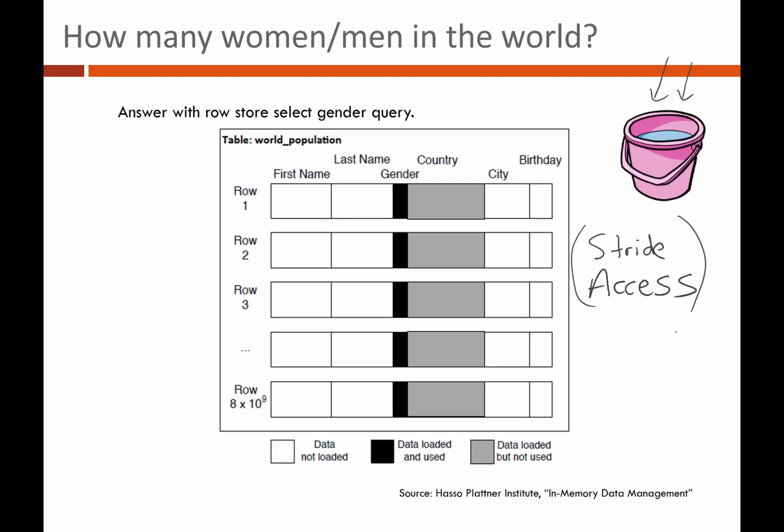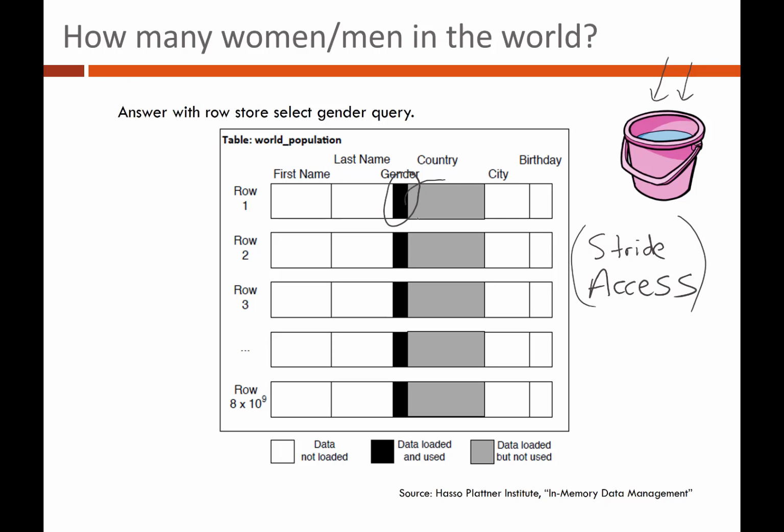So look at my picture now and think about the bucket. You stick your bucket in, or the computer goes out to read the gender in the first record, and it gets the gender, which is what it was looking for, but it also gets the data around gender, just because that's the smallest amount of data it can grab at one time.